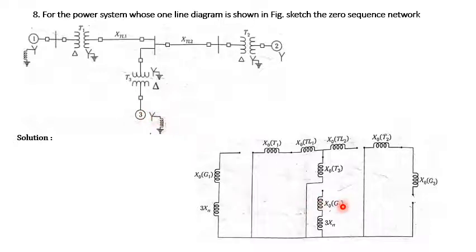This is X0 of G3. This is Xn because there is a neutral reactance, so you should multiply it by 3 times. It is grounded, so we should close the series switch. We should have an idea of when to connect the series switch and the shunt switch. That's why when drawing the zero sequence network, you should be very careful.